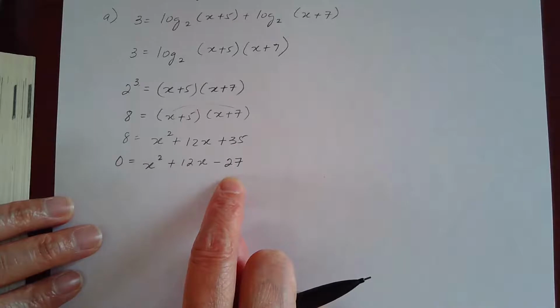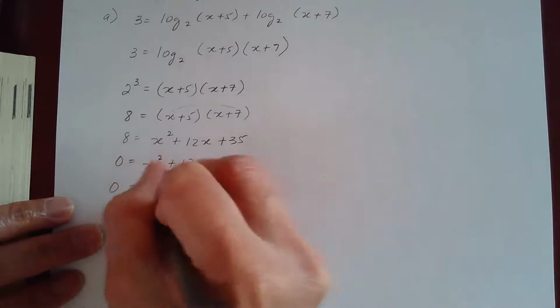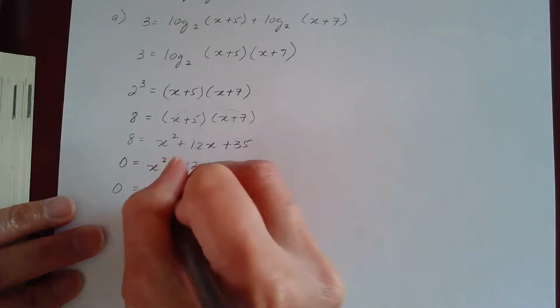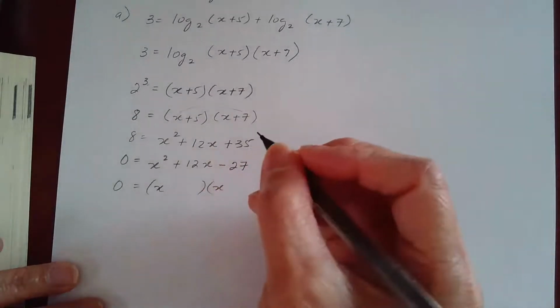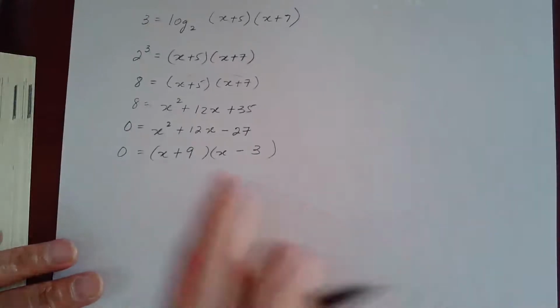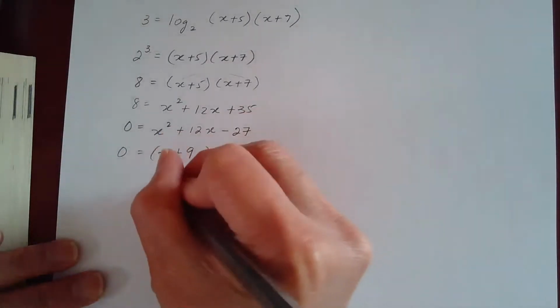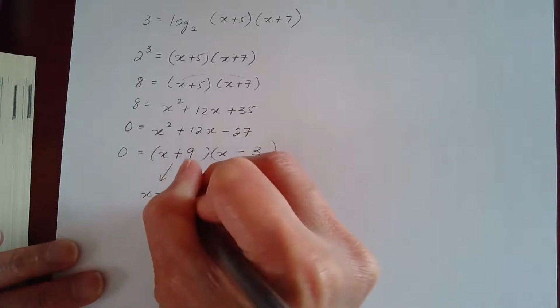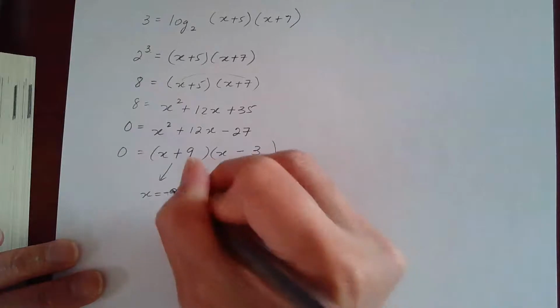That's going to give us 27. So that's going to give us positive 9 and positive 3. So these are the two numbers. So therefore x equals negative 9 and x equals negative 3.